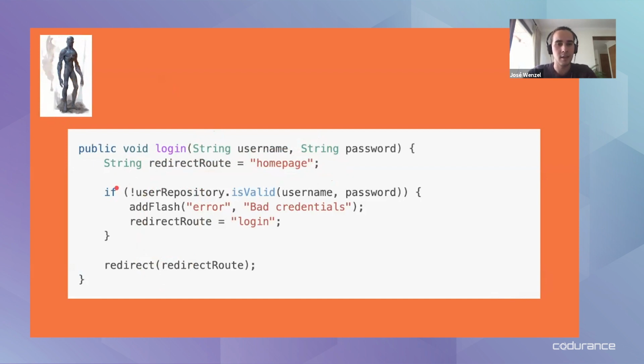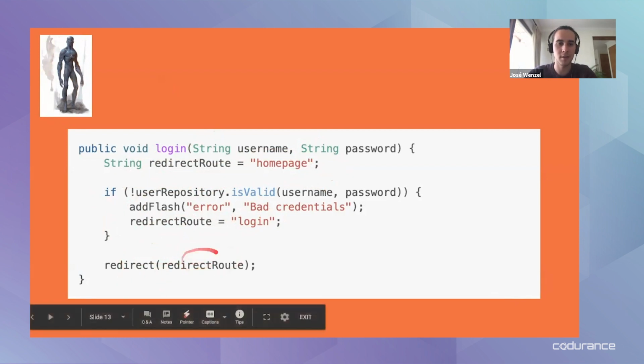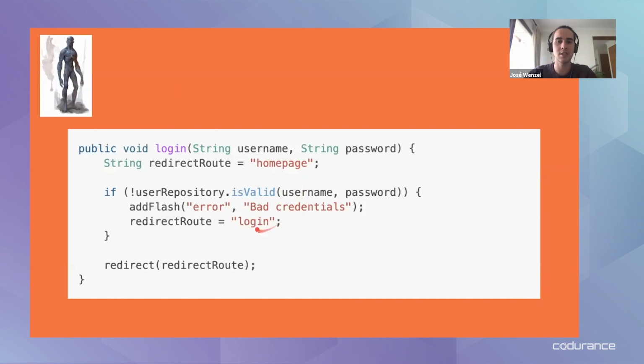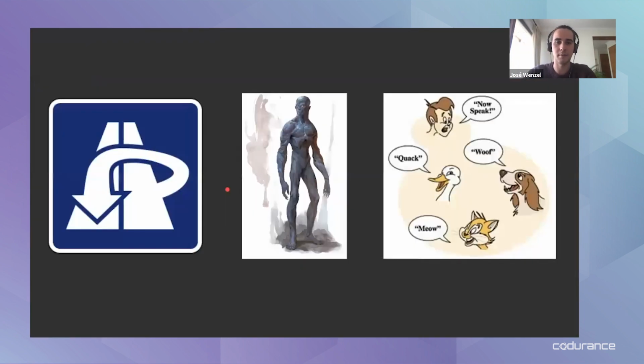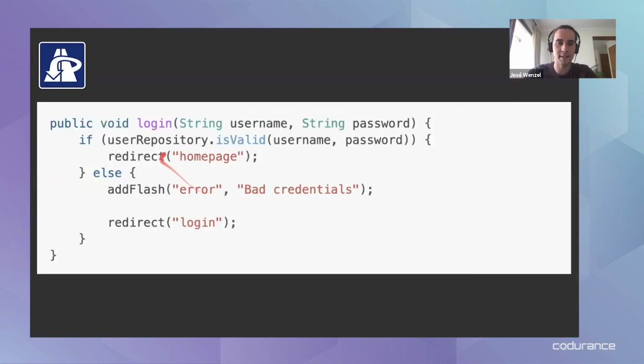And then if it's not a valid username, then the redirect route would be the login instead of the homepage. And then after this, redirect. So we're using the same variable and changing the variable on different scenarios. This is another way to remove the else that we had here.